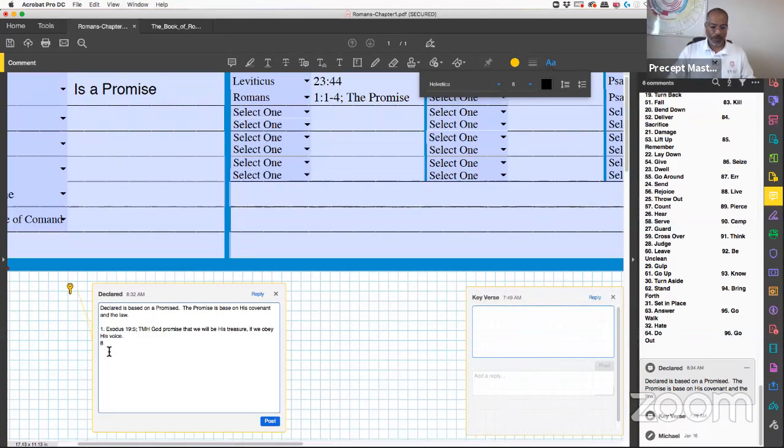Now, 2, and this is why I was saying I was doing it this way. Exodus 19, verse 8. Now, don't say you, but say our forefathers agreed to the promise.